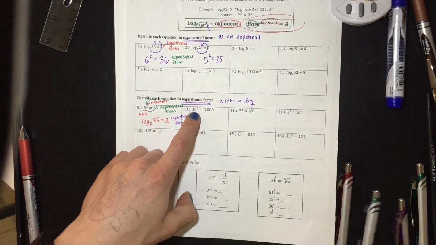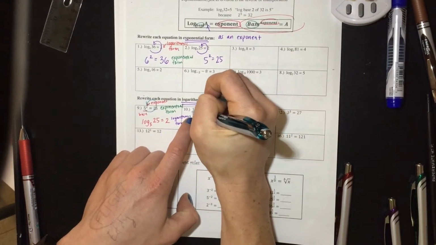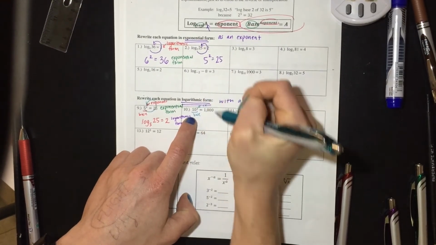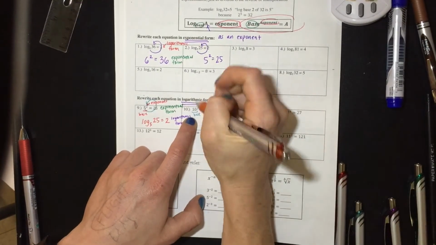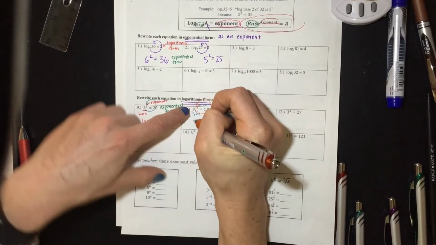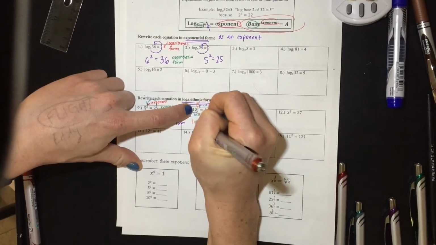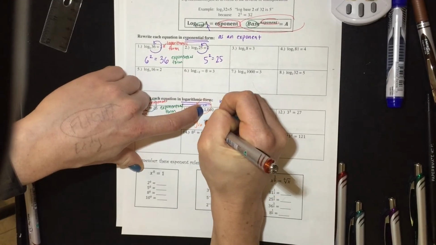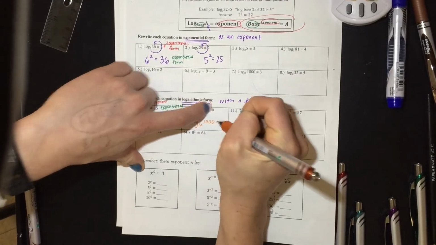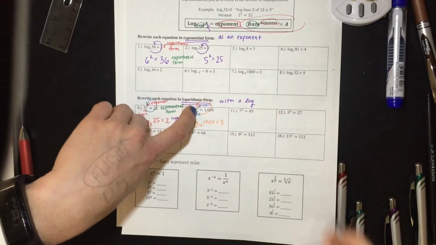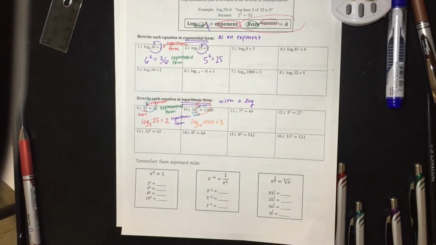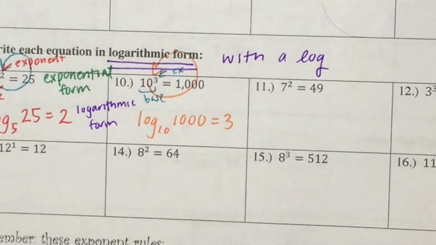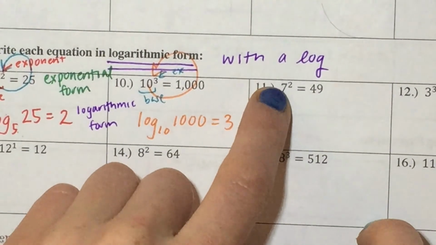Okay, here, this is my base, this is my exponent. I like to draw the little swirl. So the swirl just tells you the order. The first thing you write is the 10, the next thing you write is the 1000, and the last thing you write is the 3. I'll show you one more time with the swirl. Okay, so here, I'll do this one.